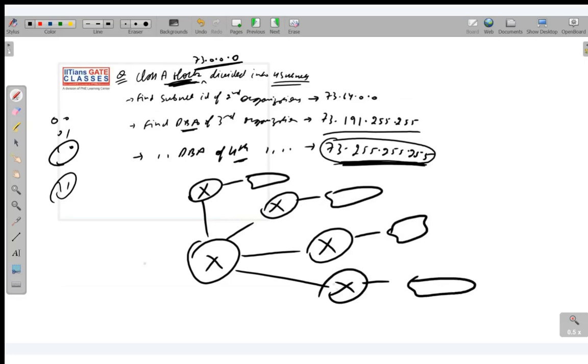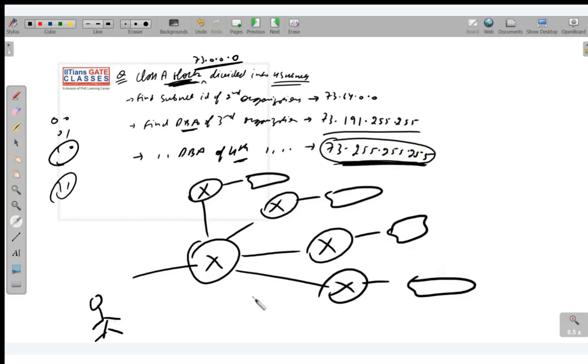Now if I say you are standing here in the internet, how will you see it? You will not see these four, you will see only one organization, that is this big organization. So if you apply this destination IP address, the packet will be forwarded to each and every computer in this network, because you do not know about this subnetting.